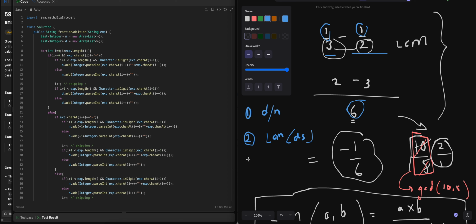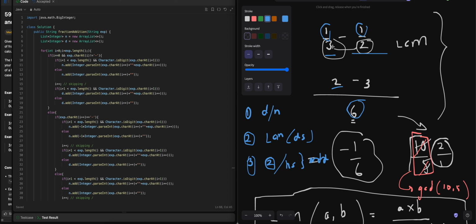Then the third step: we divide the LCM we found in the second step by all the numerators, and then we add all of them. Basically that's what we are doing here.